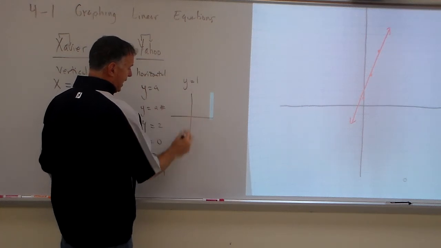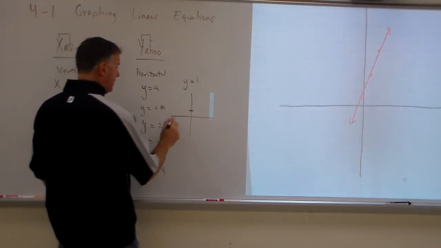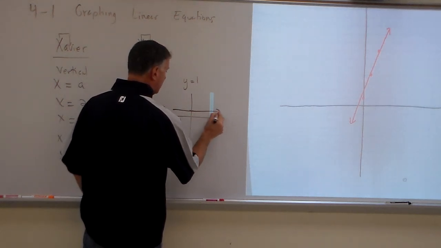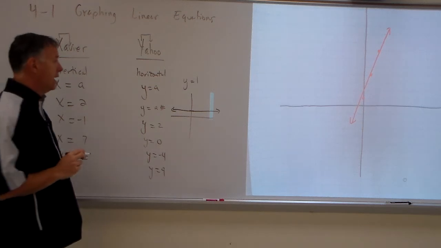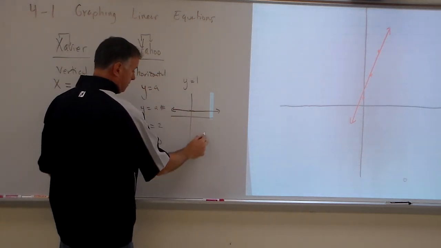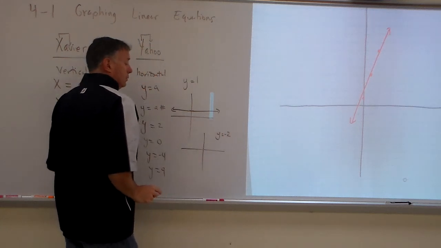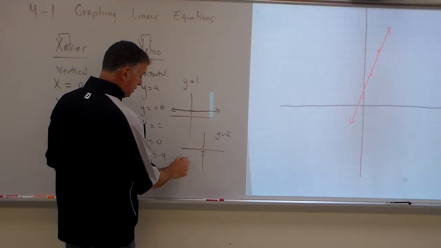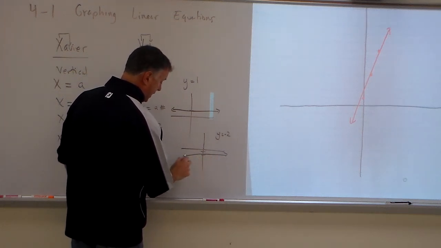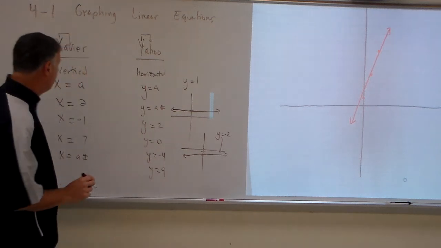So here's my y-axis, here's y equals 1, and here is the horizontal line that goes through that. Okay, that's my horizontal line, y equals 1. If I had y equals -2, I go -2 on my y-axis, and I make a straight line through there. So it's y equals -2.